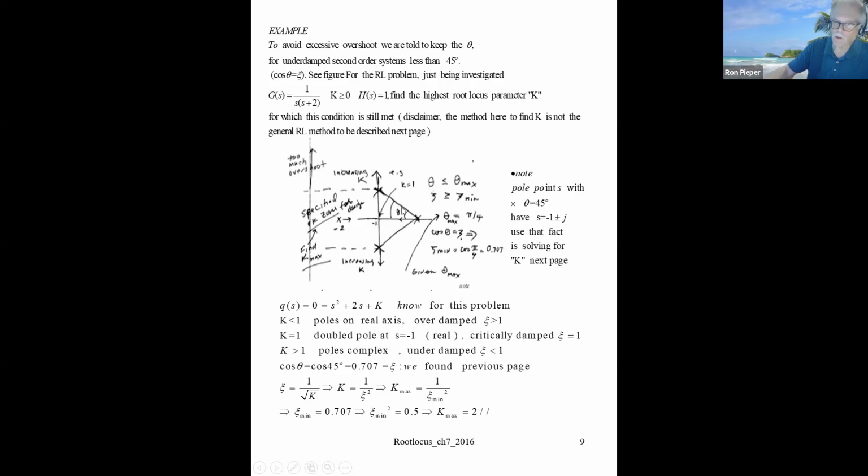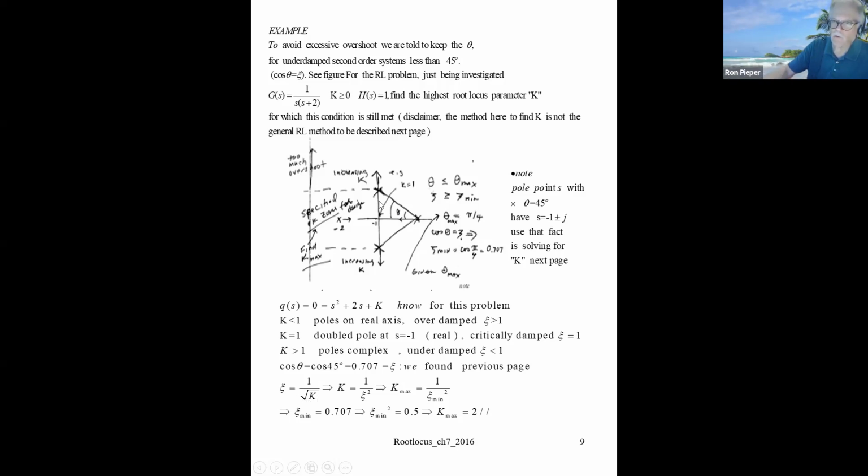Higher values of K correspond to smaller damping ratios, from that rule at the bottom.